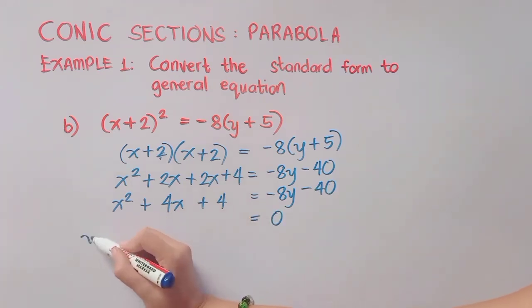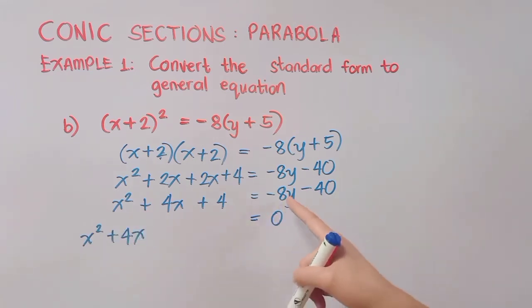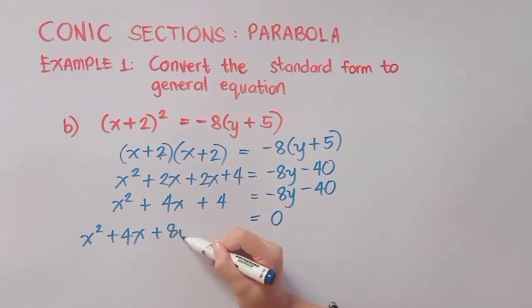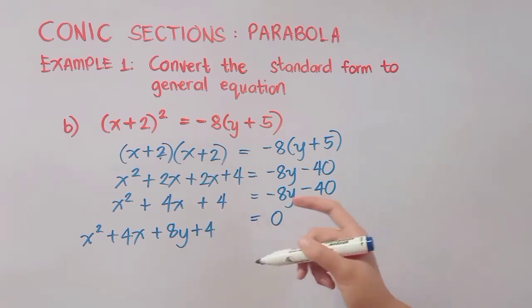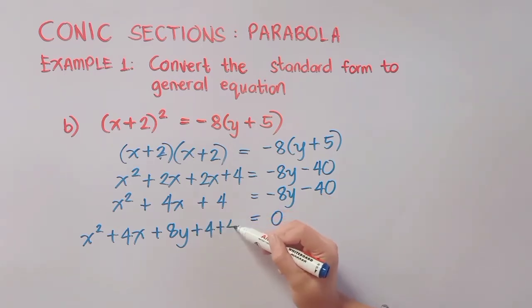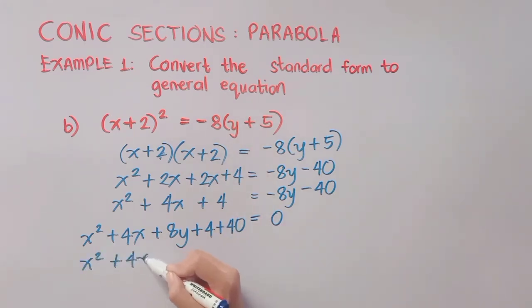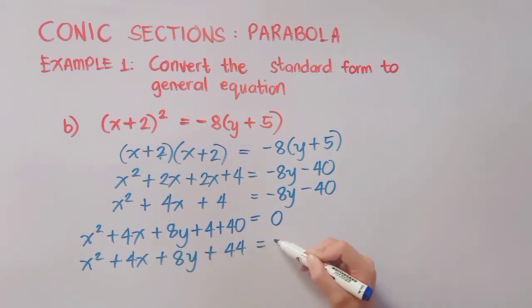We have here x squared, bring down 4x, and then from negative 8y it will become positive 8y, bring down also 4, and then from negative 40 it will become positive 40. Now we can still simplify the numbers here, so we'll just copy x squared plus 4x plus 8y, and then 4 plus 40 is 44 equals 0. And this is our final answer.